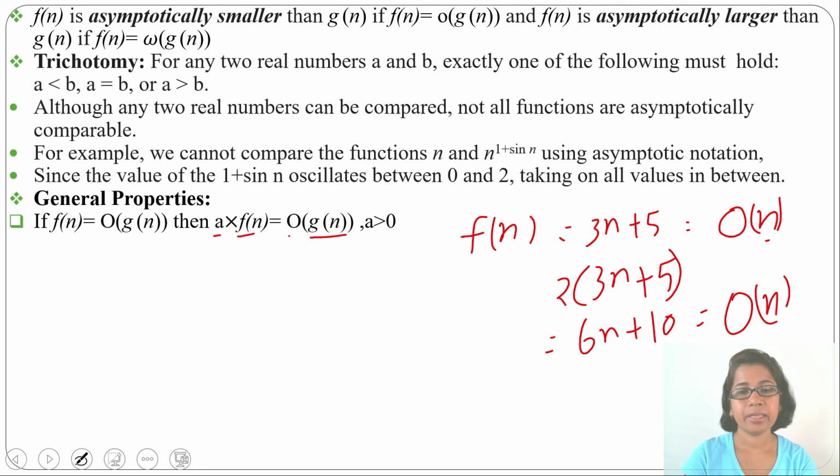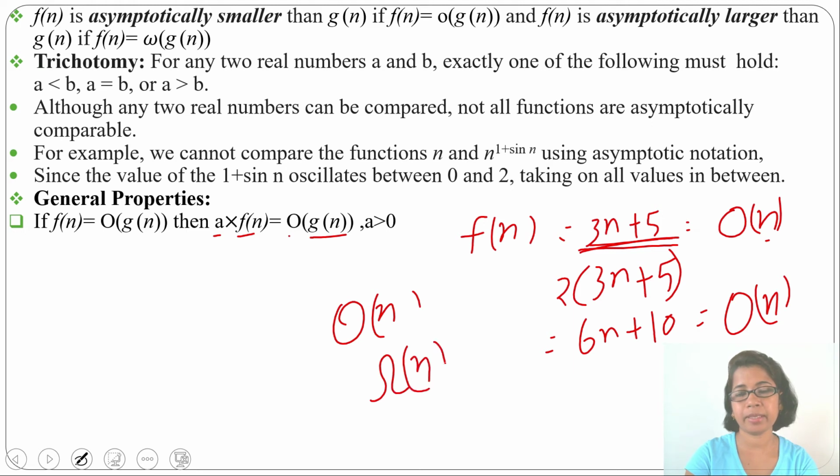This property also holds for theta and omega. If this function equals theta of n, then after multiplying by some constant, it will also be theta of n. Or if this function equals omega of n, then after multiplying by a constant, it will also be omega of n.